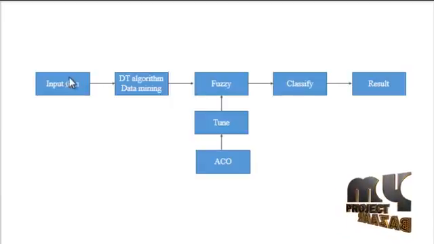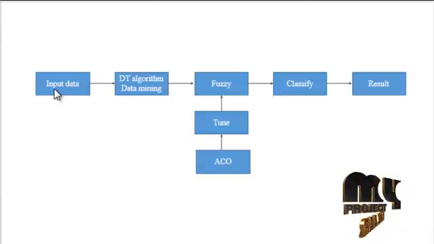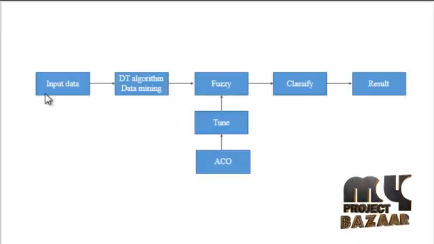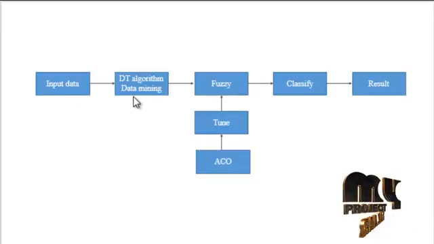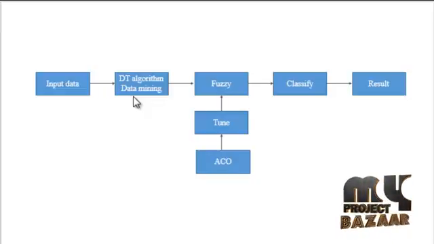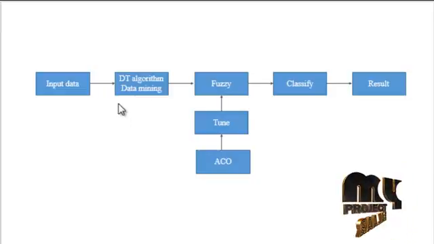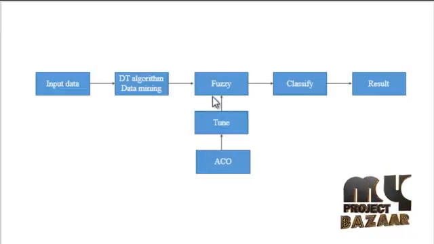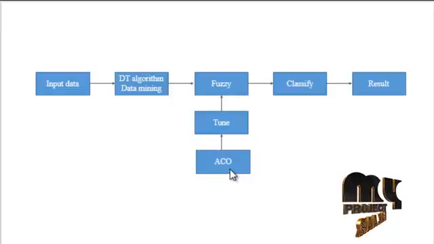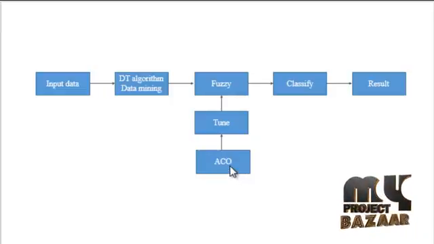And this is the flow diagram for our proposed work. Here input data is taken and the decision tree algorithm is used for data mining the input data, and it arranges the 13 attributes for the classification system. Then the fuzzy inference rule is generated first, and then it is tuned by the CLBSO algorithm.